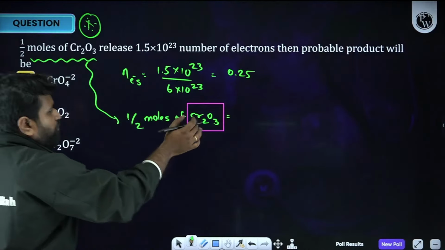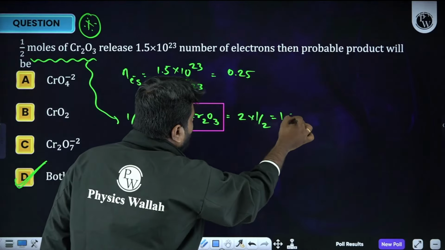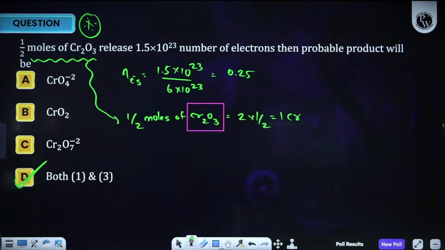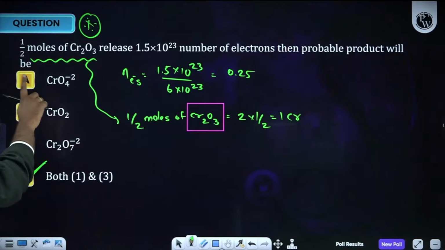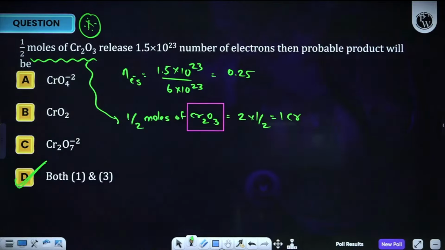So in half mole of Cr2O3, 1 chromium will be present, right? So according to them, 1 mole of chromium is releasing 0.25 moles of electrons.